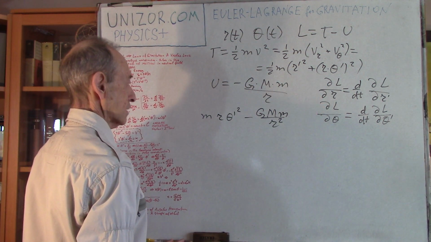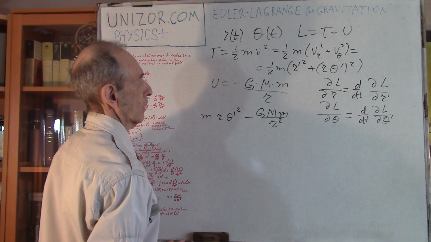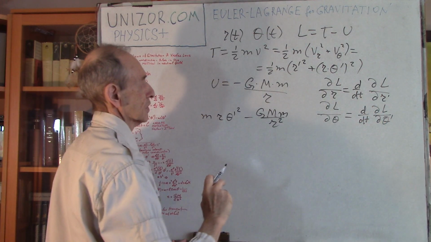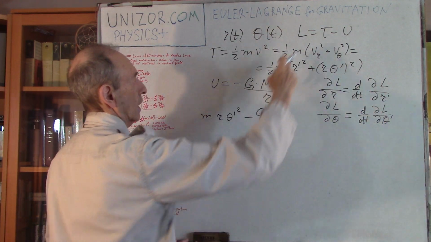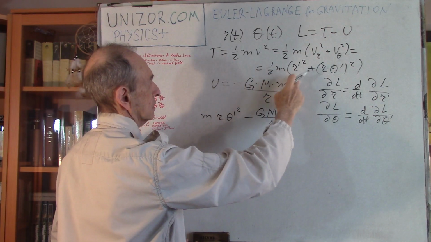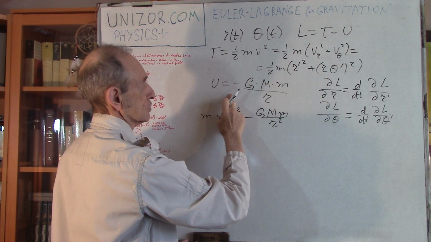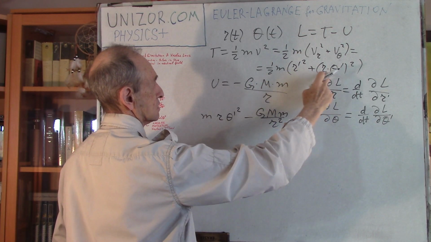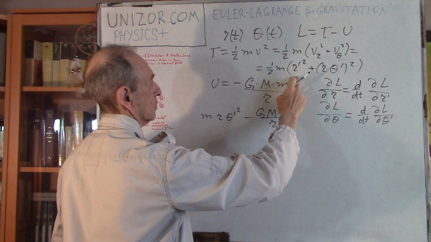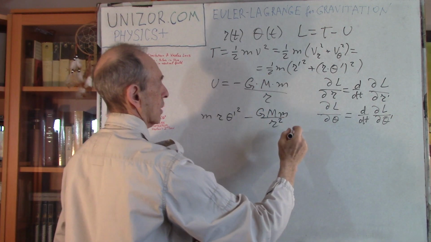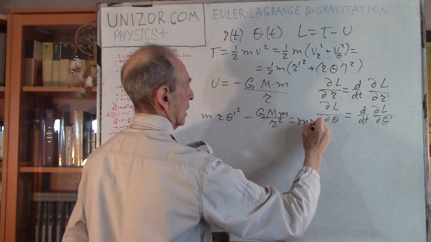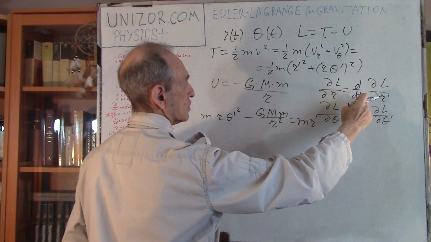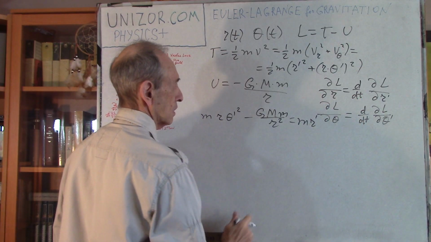Okay, what is the right part? Well, the right part is partial differentiation by r prime. Now the kinetic energy T has it, potential doesn't even have it, so all we have to do is differentiate this. This is also not related to r prime, so only by r prime, that would be m r prime. And after that we differentiate it by time.